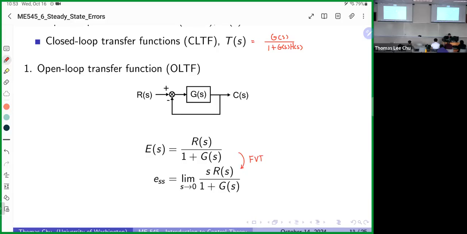And you can see that actually error is dependent on the poles of 1 plus G of S. Basically, what they're saying is 1 plus G, if it has stable poles, then error will also converge to either 0 or some steady state value.